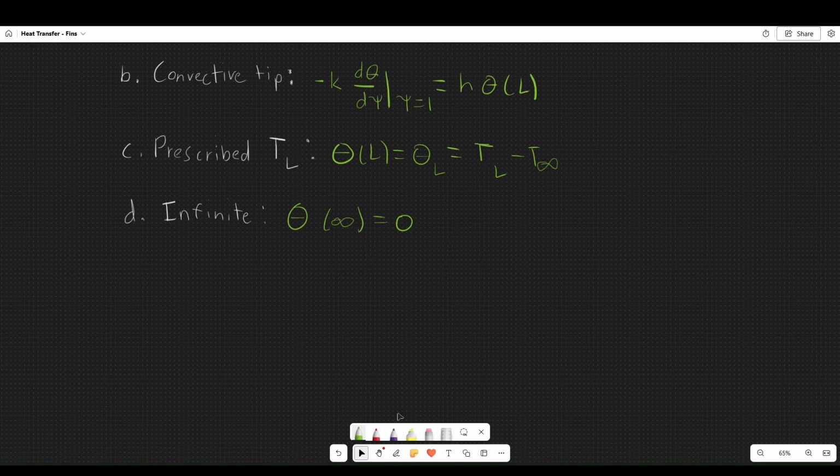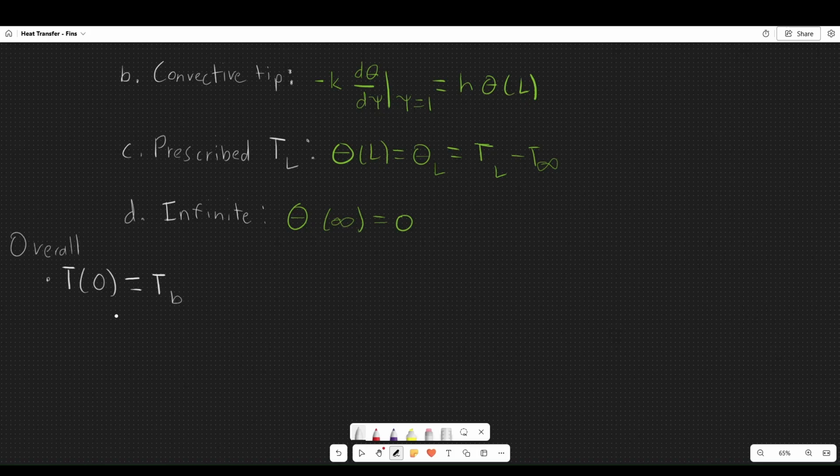And then one last boundary condition that all of them have is the temperature at x equals 0. The temperature at x equals 0 is equal to T_B.